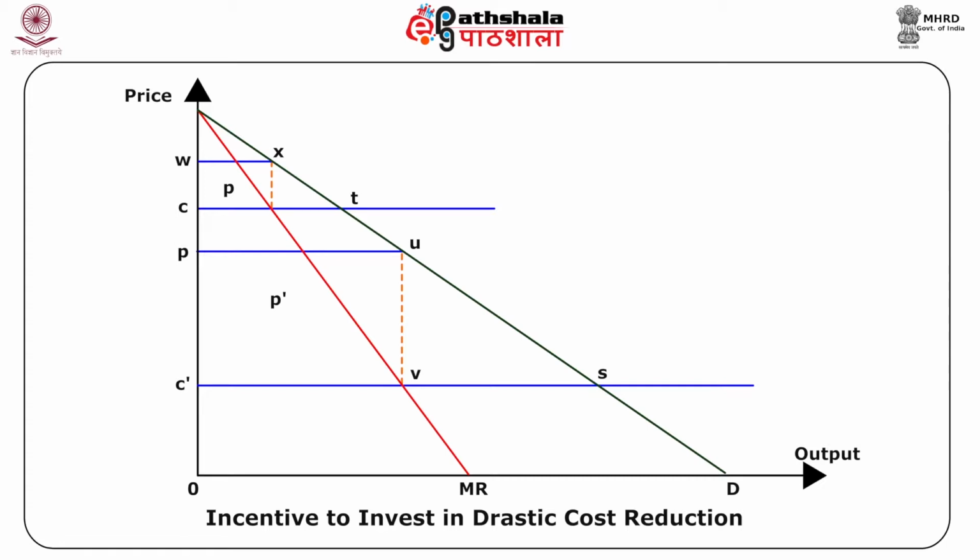Therefore, there is less incentive for invention in monopoly than in competition. Arrow's argument in the case of drastic cost reducing technical progress proves that the inventor in the competitive situation can extract a total royalty equal to what the monopolist could gain post invention.